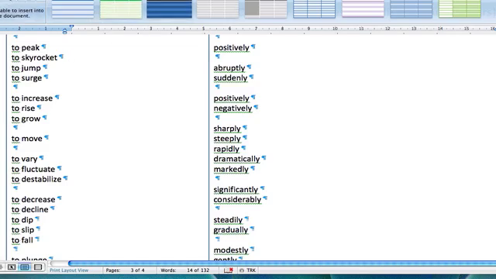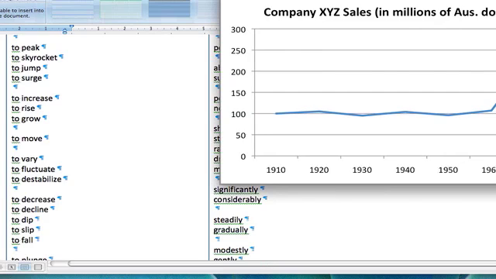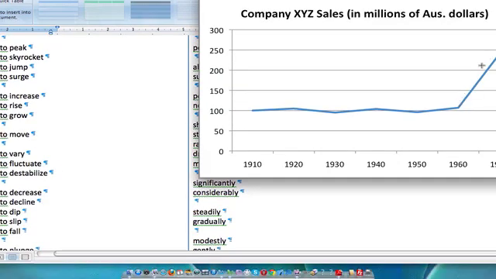To skyrocket, so let me pull out my graph here again. So we could say that sales skyrocketed between 1960 and 1970. Jump, sales jumped between 1960 and 1970. And to surge, to increase, to rise, to grow, to move. Now I want to spend a second to talk about move.